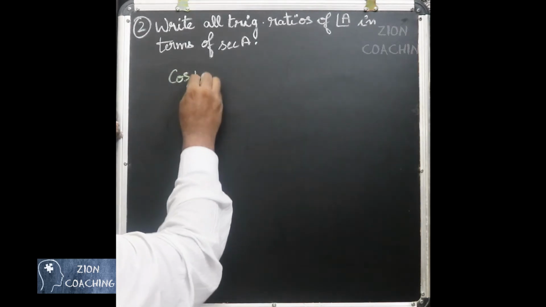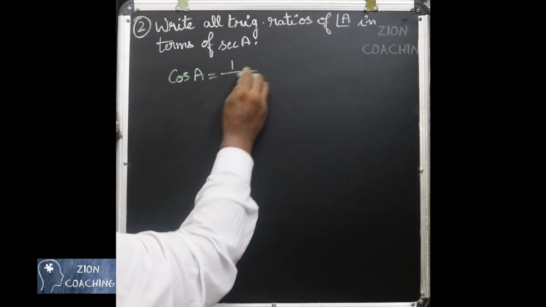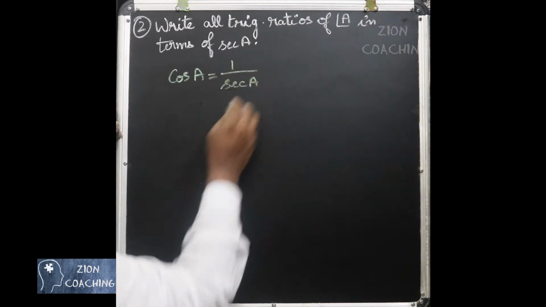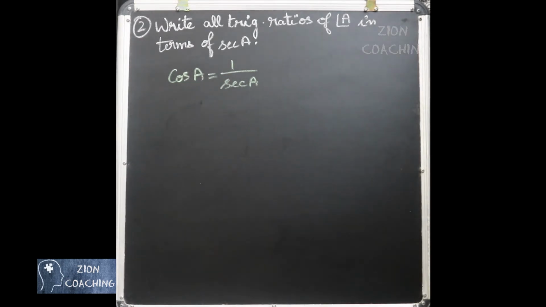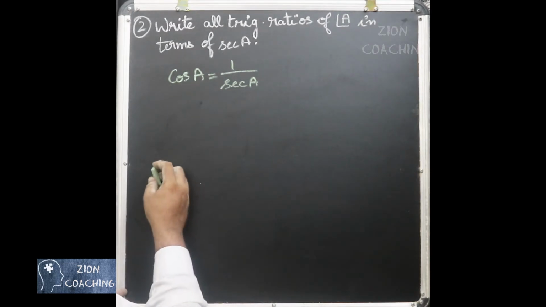Cos A is nothing but the inverse of secant. So cos A can be written as the inverse of secant A. Cos A is equal to 1 by secant A. Now we are going to substitute this in the relationship.